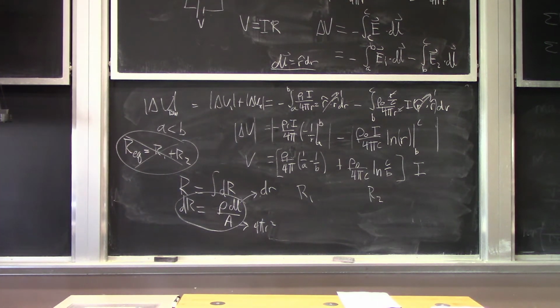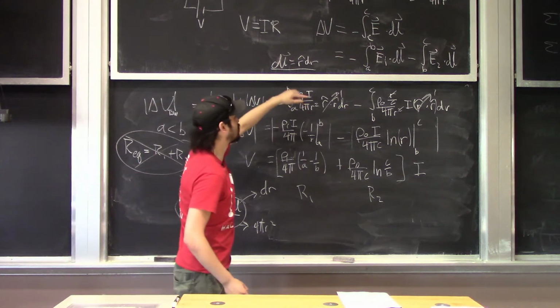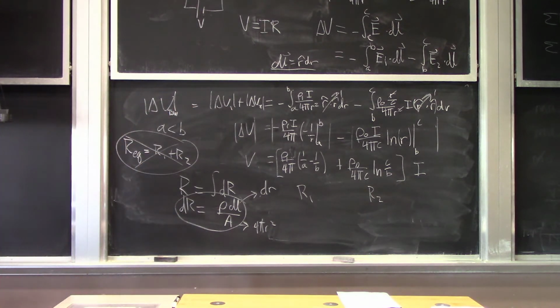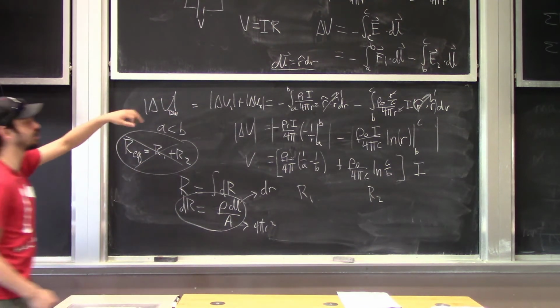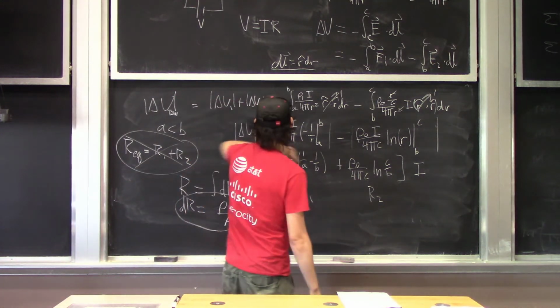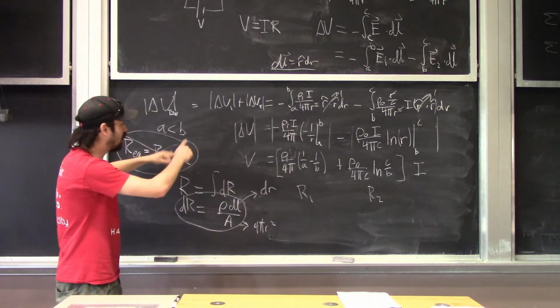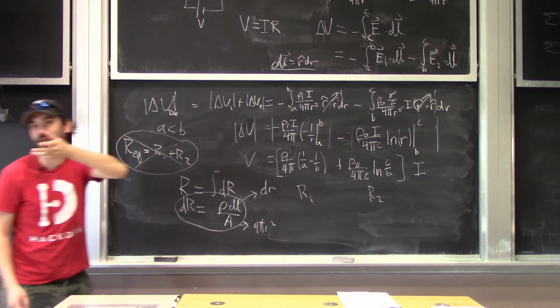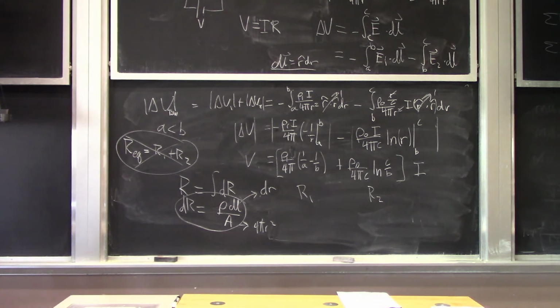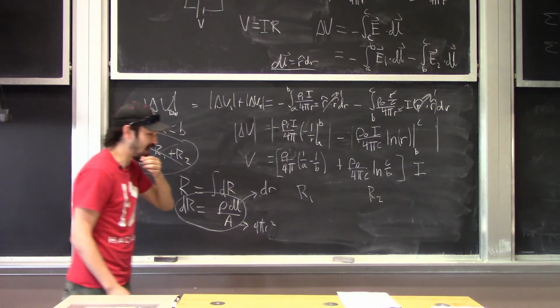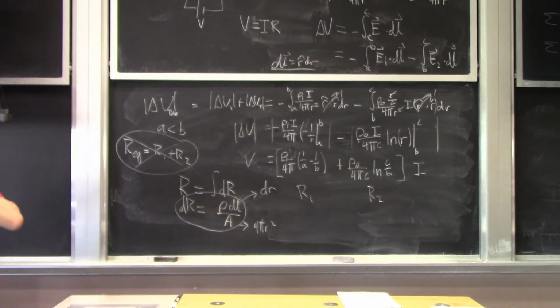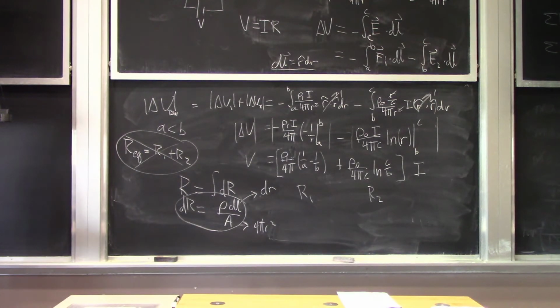But like I said, I wanted you to go through this whole process here to show that really what we're doing is, and it's the same thing that we did with capacitance, it's getting our electric field to talk to an electric potential in a way that we can write the resistance in terms of the electric potential. In the case of capacitance, it was to write the capacitance in terms of the electric potential, and that was getting the electric field to talk to the electric potential. Okay. So any questions about this?